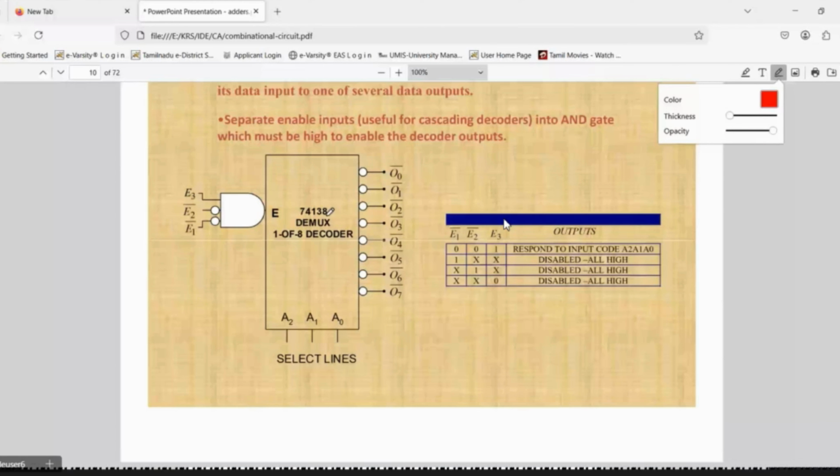So here there is only one input line, then 8 output lines and 3 selection lines, A0, A1, A2. So 1 by 8 demultiplexer, one input line, 8 output lines.